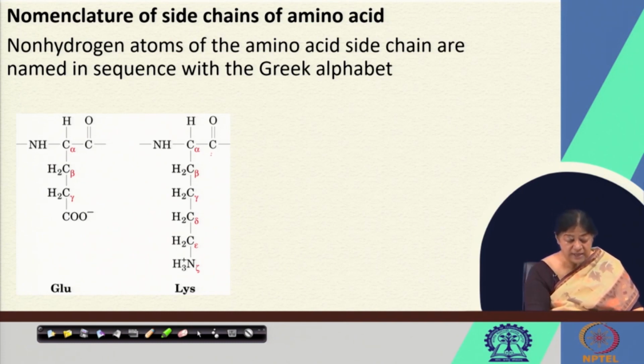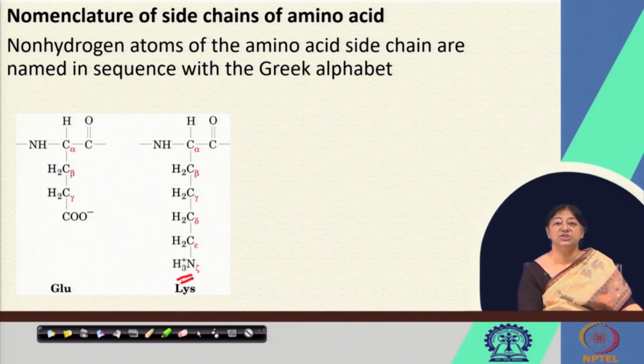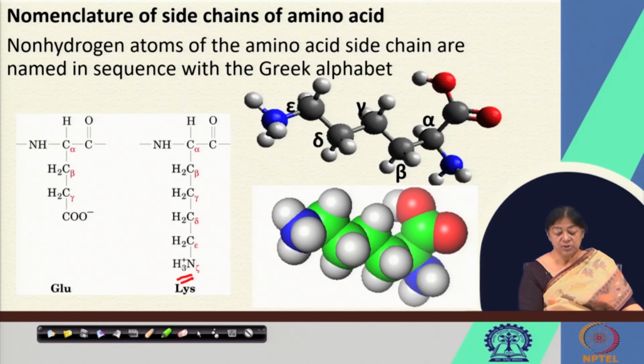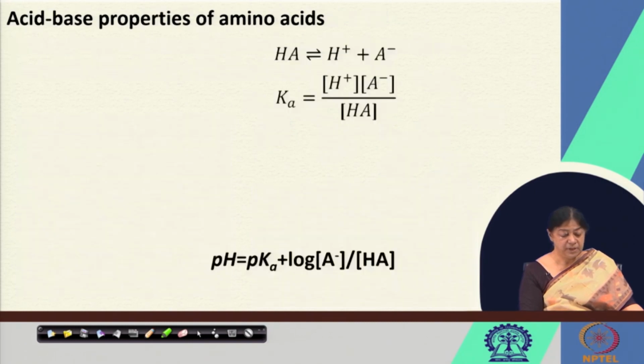If we look at the lysine that has been drawn here, we can see that there is a C alpha carbon atom, then the C beta, the C gamma, the C delta, the C epsilon, and the NH3 plus, which is the side chain of the amino acid. So, the nomenclature, or the way they are formed, is important in understanding the amino acid characteristics, the amino acid depiction and the way we name them.